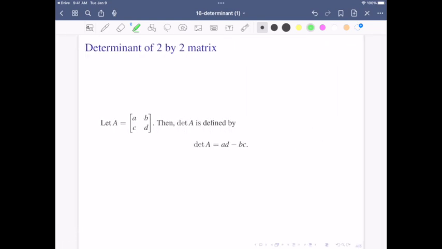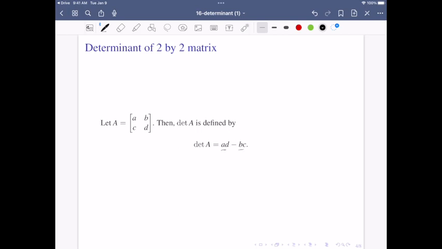Now we're going to look at computation or definition. We start with the smallest matrix we can compute, a 2 by 2 matrix. A is given by a, b, c, d, four numbers. Then the determinant of A is ad minus bc.